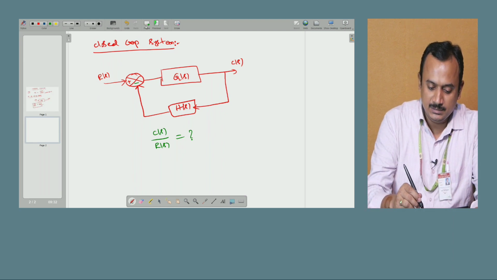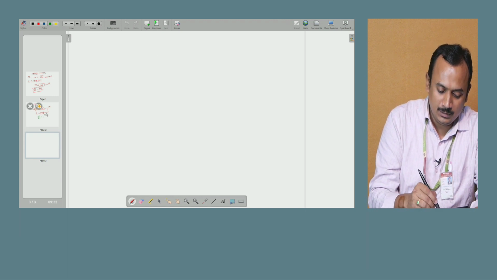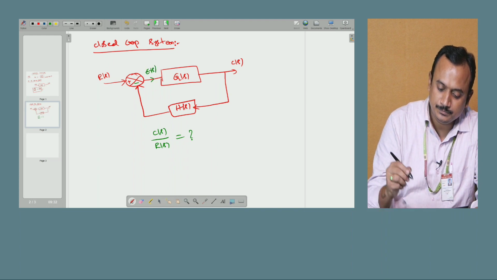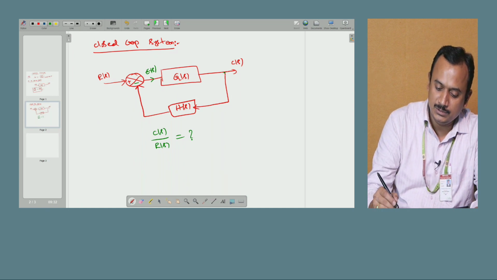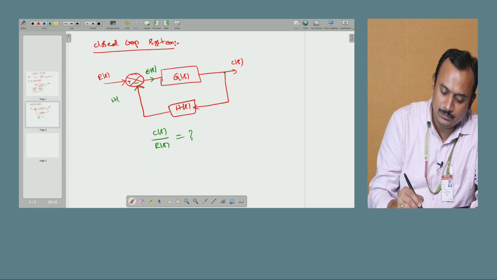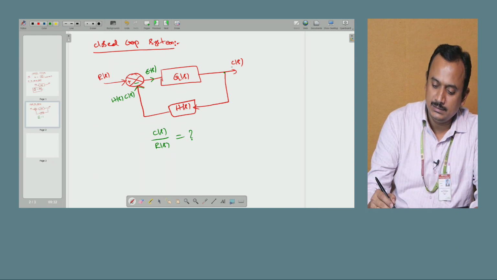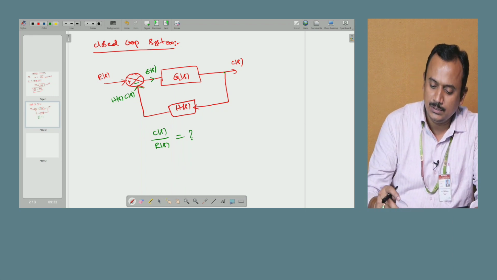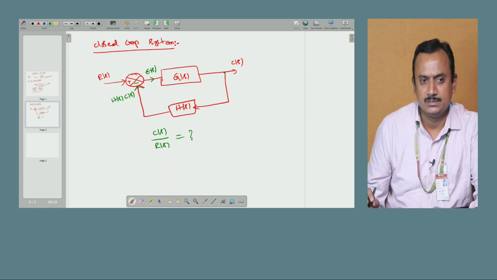Let me start explaining this by assuming the error E of S. Here, if you observe, the value at this point is equal to H of S into C of S. The reason is that C of S and H of S are both connected in cascade connection. So if those two elements are in cascade connection, the resultant will be H of S into C of S.